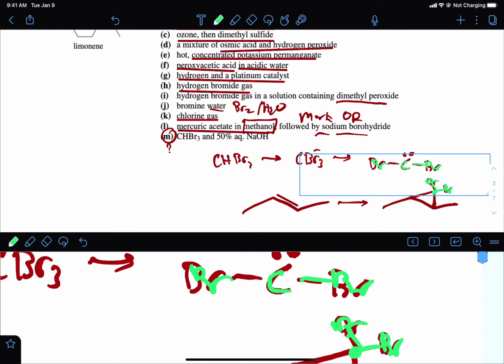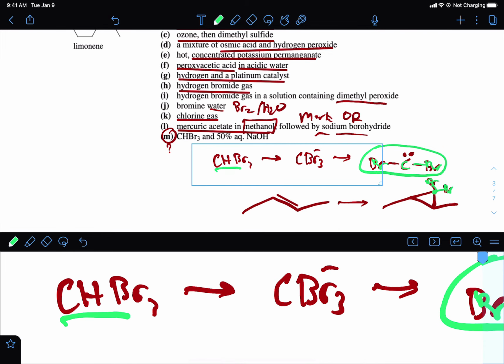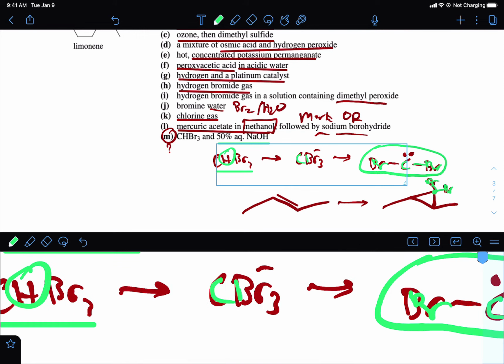But the carbene is extremely reactive, and you can't just put it in a bottle. So you have to make it in your flask. So you start with CHBr3, you use the NaOH to remove that H, and you end up with CBr3 minus, where the negative charge is on the carbon.